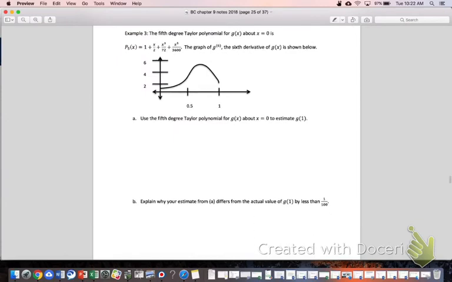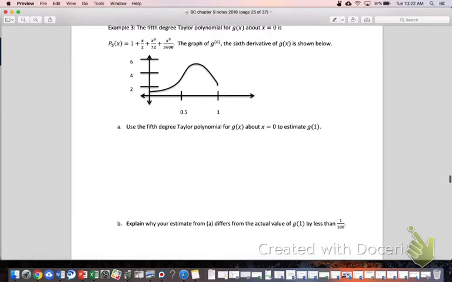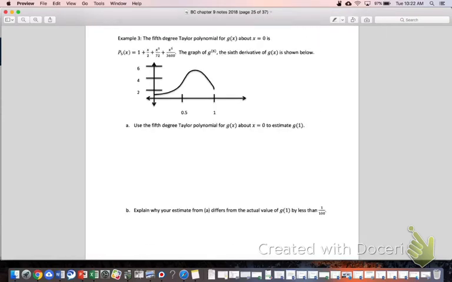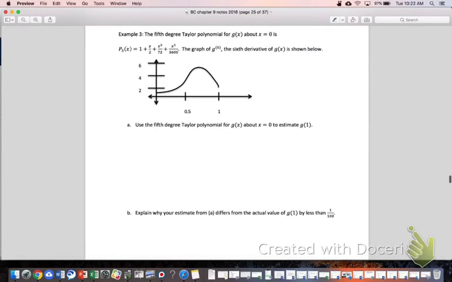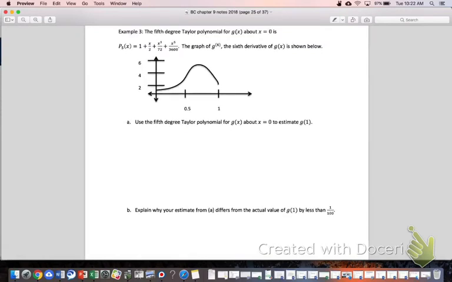So here we go. It says the 5th degree Taylor polynomial for g of x, and g of x apparently is some totally unknown function. It doesn't say anything about g of x. It does tell us that the 5th degree polynomial is right there, p sub 5.